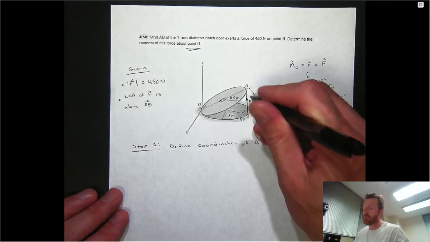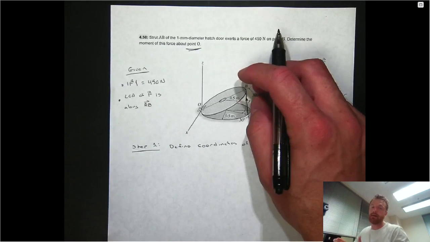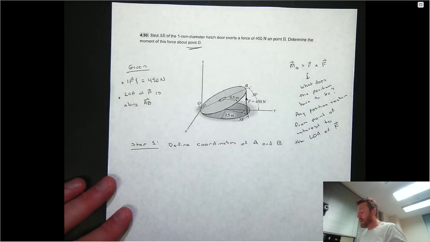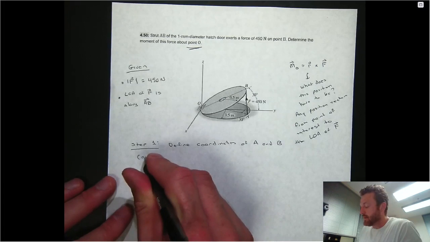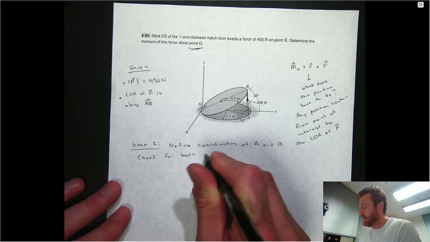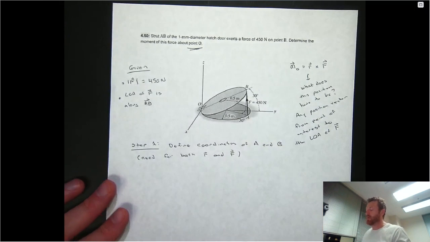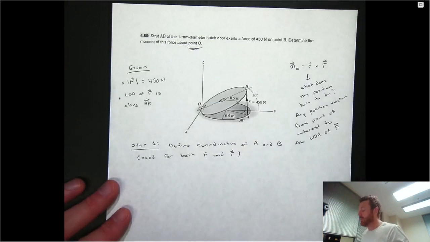The two points we're given are A and B. If we can write a position vector from A to B and scale by its magnitude, we'll be able to write F in rectangular form. In addition, these coordinates will be necessary for the position vector. We need these for both the R and the F, regardless of what R we choose to use. In this case, we can use R_OA or R_OB.